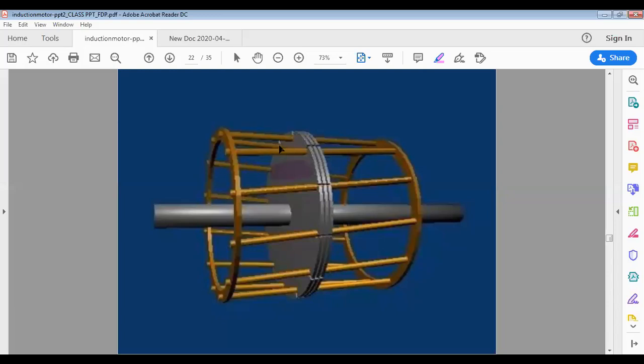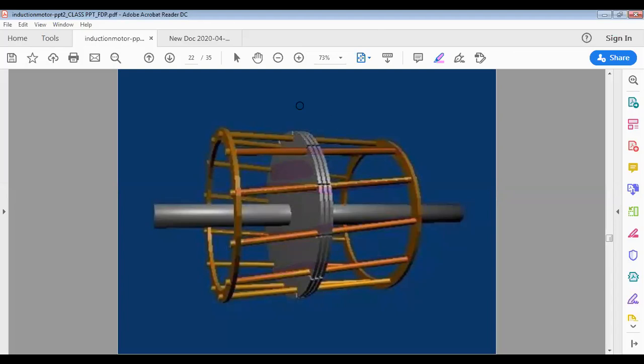Now, what are these yellow color bars? The rotor core is slotted on its outer periphery, and in the slots what is there? Copper bars. All of you can see these are the copper bars or copper windings. Yes, in a squirrel cage rotor, copper bars are used.